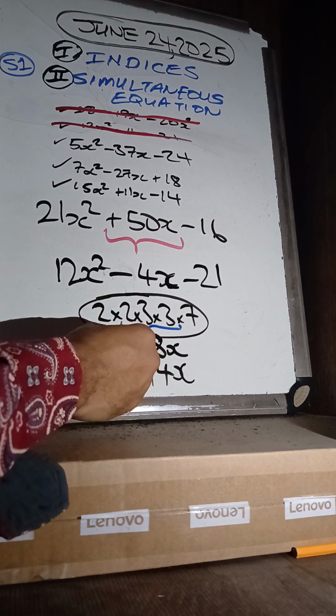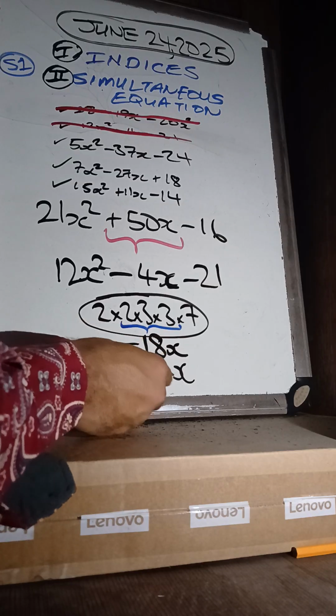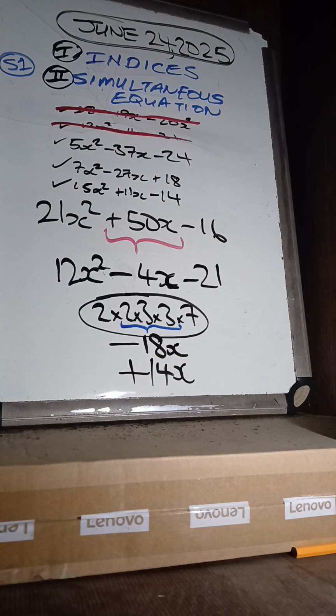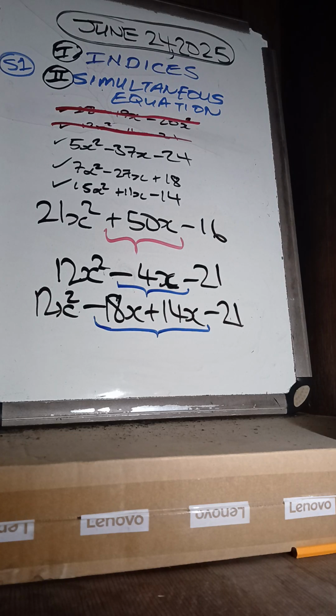Therefore, in this case, we'll have a minus 18 and a plus 14. 18 minus 14 is 4. If it were the other way around, we'd switch the signs around. So if it was plus 4x minus 21, it would be plus 18x minus 14x. But as it is right now, the larger number needs to be negative, right? So finally, it looks like this.